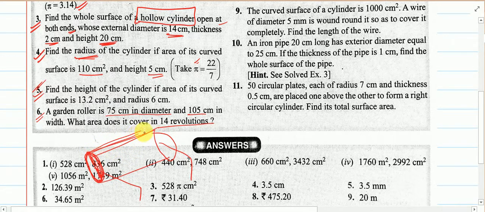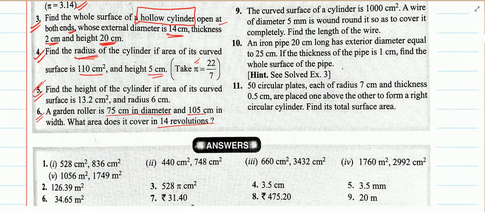Okay, in fact its height, or you can say length of the cylinder. Okay, and this is going to revolve how many times? 14 times. Okay, complete rotation 14 times. So let us see how we are going to do this question.